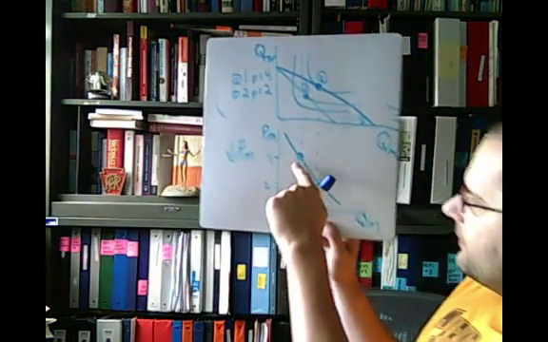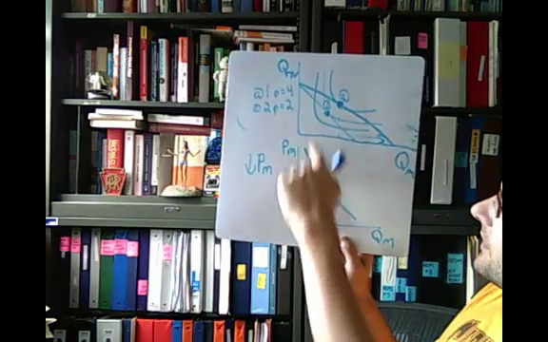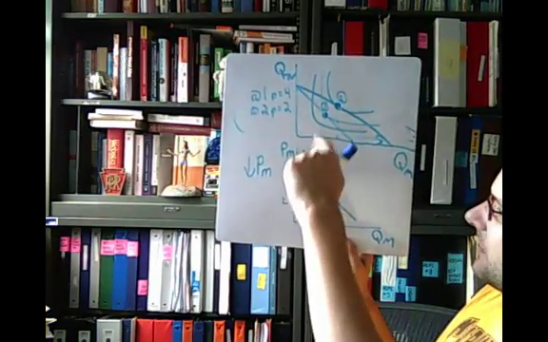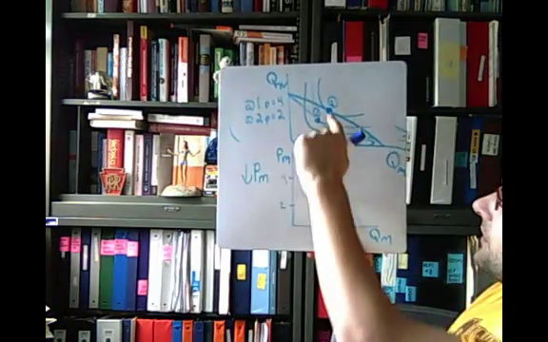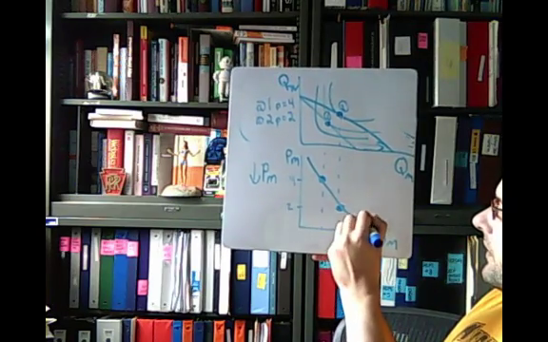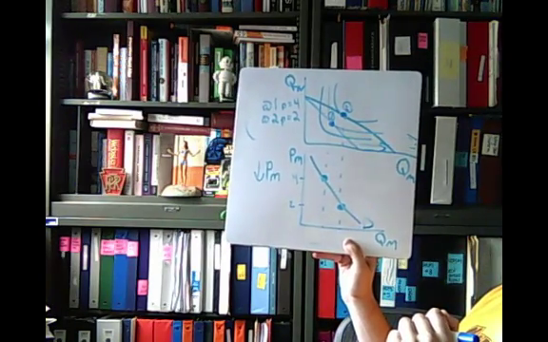Well, what that would mean for us is that we could plot out those points. $4 price, the quantity at 1. The $2 price, the quantity for 2. That right there, my friends, is the demand curve.